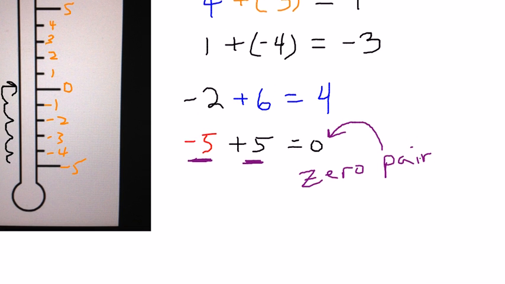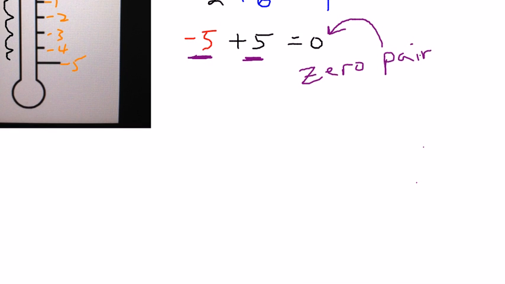Let me now give you the rule that you can apply when adding integers with opposite signs. You may have already figured out the rule for yourself, just from the few examples that we did.